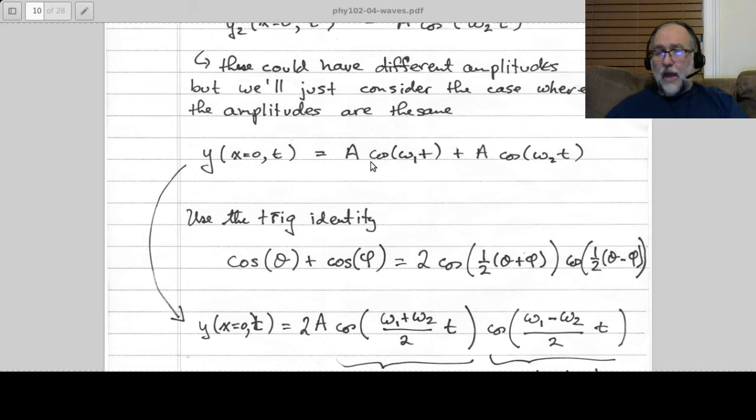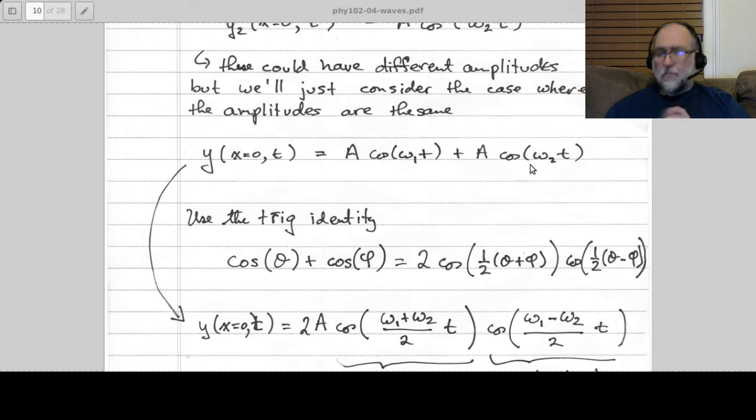One wave will have some sine wave which looks like a cosine wave, it doesn't matter which one you use: cosine omega 1 t, omega 1 being one frequency, and the other wave will have cosine omega 2 times t. So the two frequencies are omega 1 and omega 2. They're close. Omega 1 is close to omega 2, but they're not equal to one another.